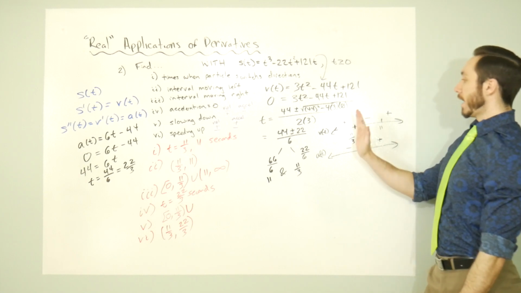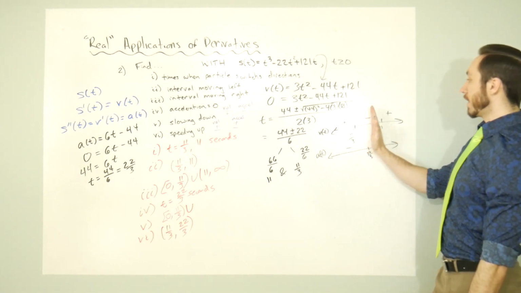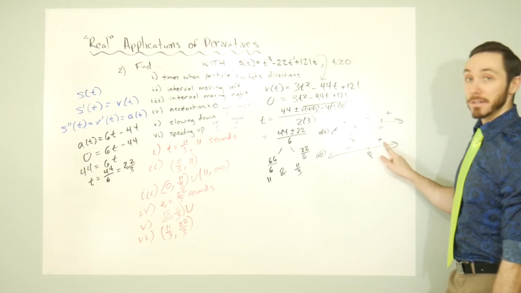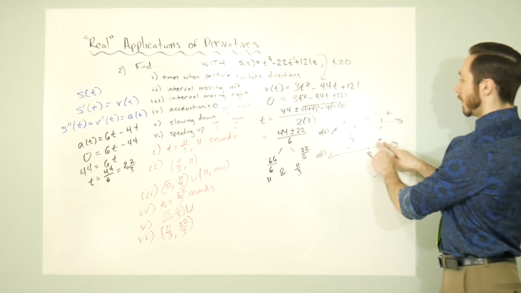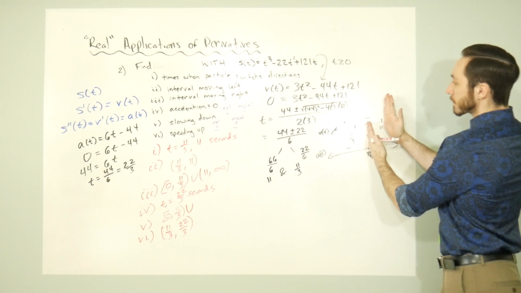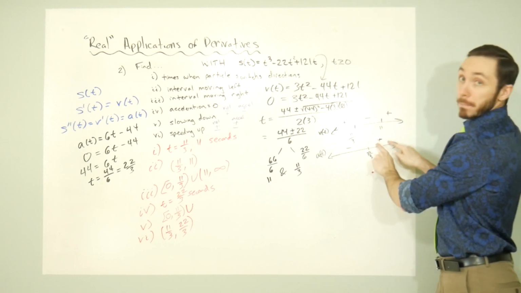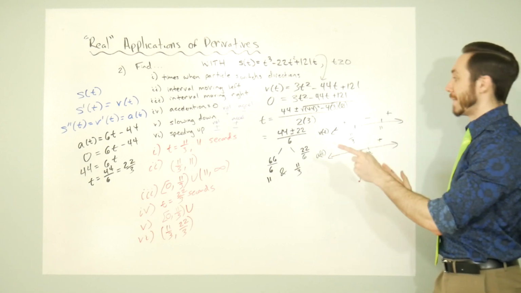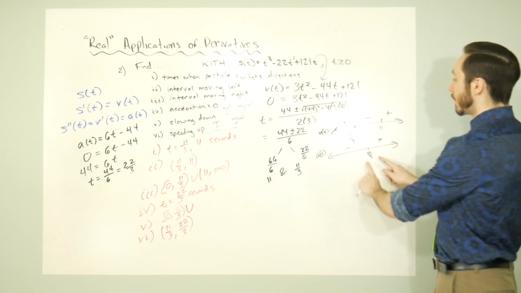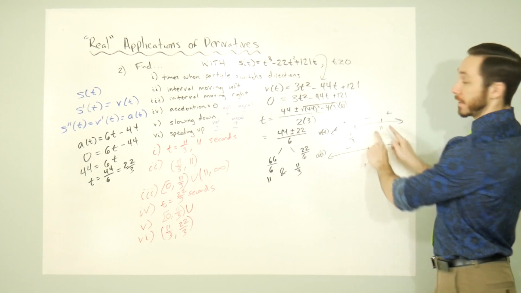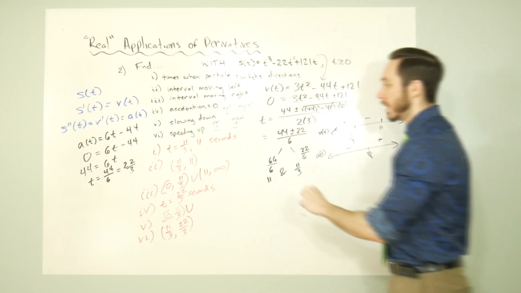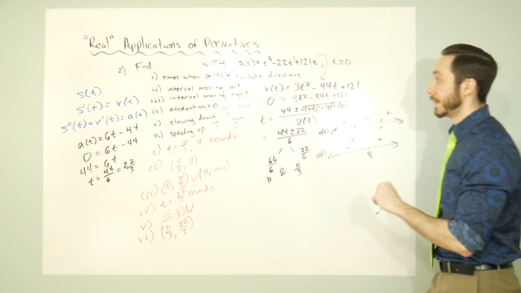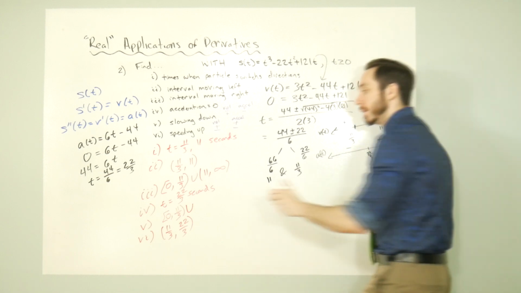So right now I am speeding up in the negative direction, and all of a sudden, bam, I hit 22/3, in which case my acceleration now goes positive. So in this little small interval, I have a negative velocity, but a positive acceleration. So in which case, those don't match. I'm actually back to slowing down again from 22/3 up until the next moment, one of the two switch directions. So from 22/3 to 11, I'm actually slowing down.